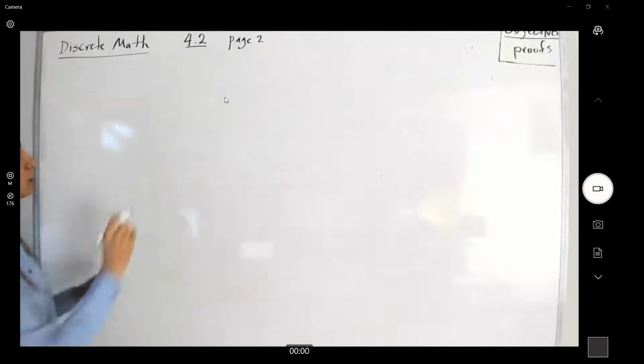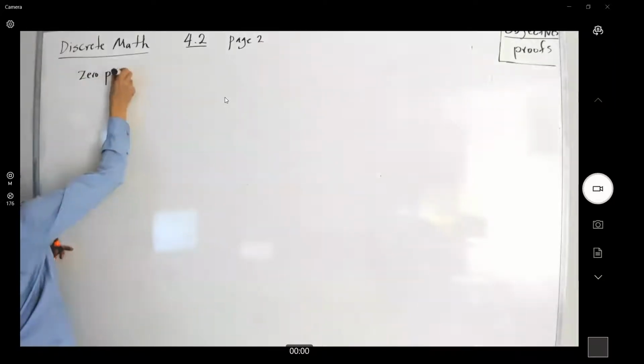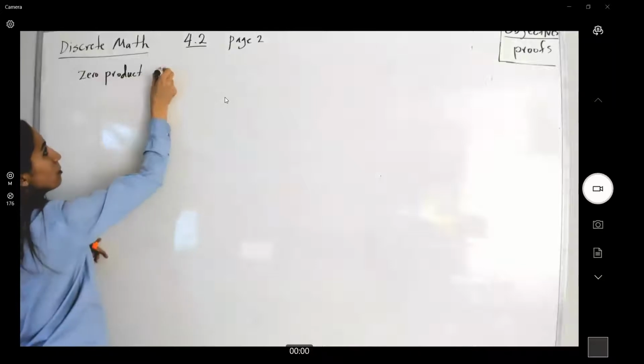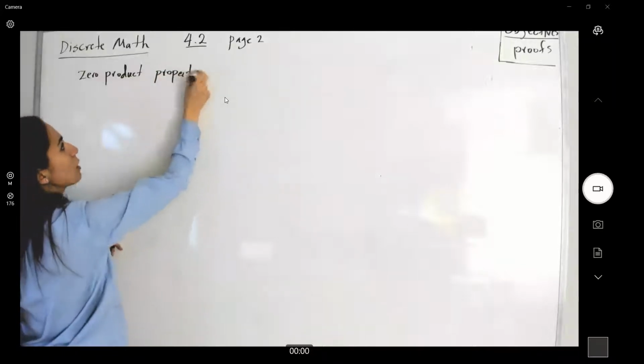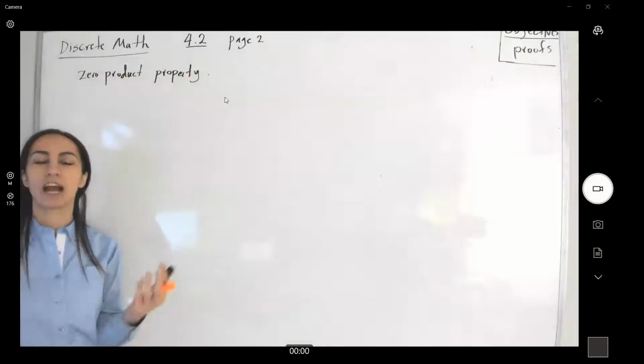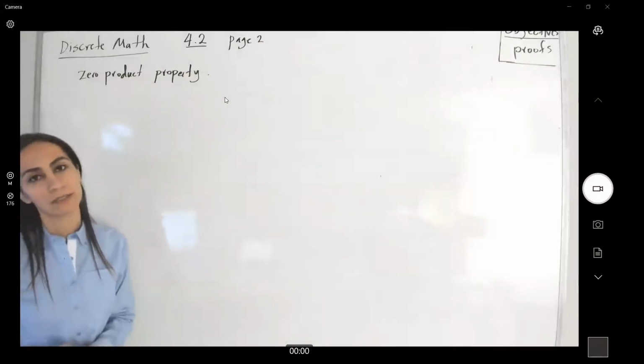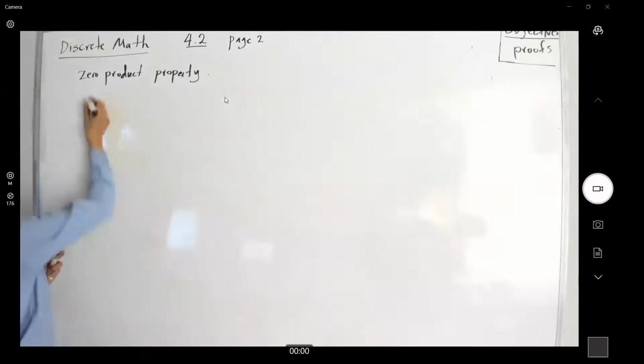Zero product property. You already know this property. You already use this property. You know that if you have two non-zero integers and multiply them together, the outcome is non-zero.